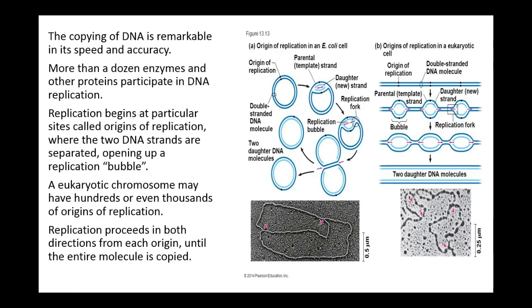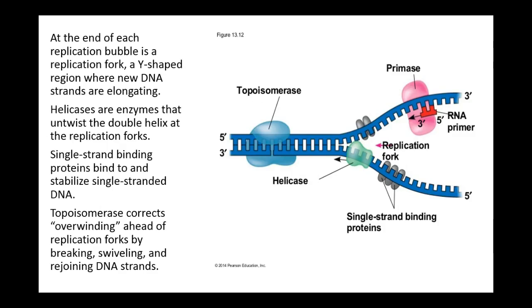Then the nucleotides can be added at these replication forks. We've just taken the previous image and are looking at a little piece of it. You have your replication fork there, so the DNA has been separated.